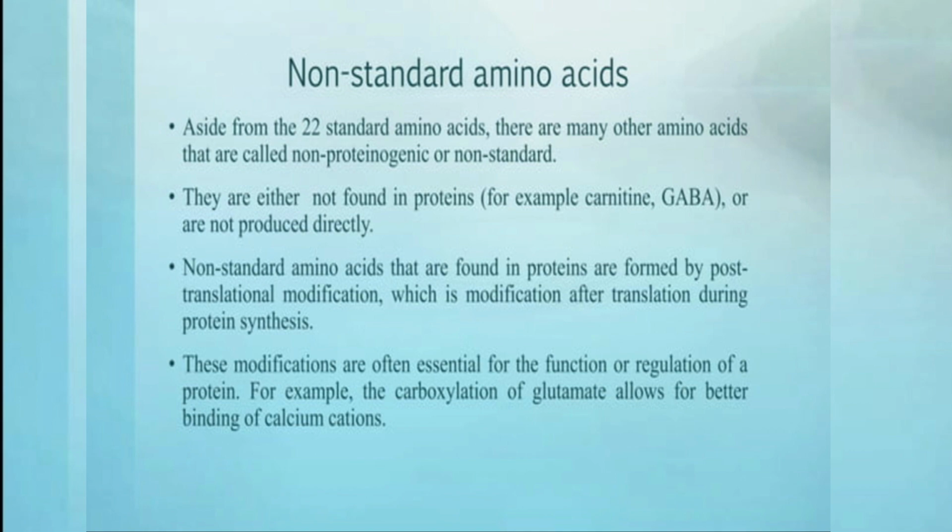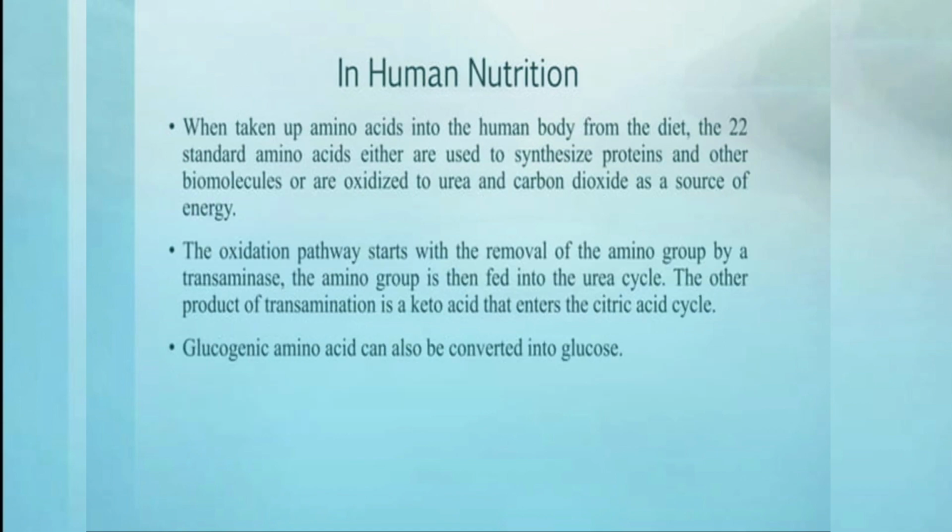Non-standard amino acids that are found in proteins are formed by post-translational modifications, which are modifications after translation during protein synthesis. These modifications are often essential for the functions or regulation of a protein. For example, carboxylation of glutamate allows for better binding of calcium cations.